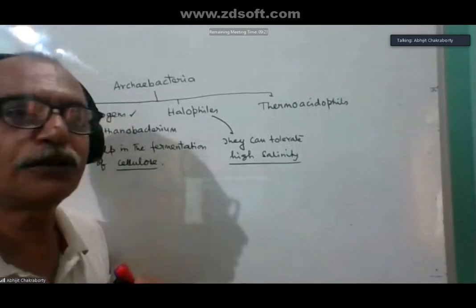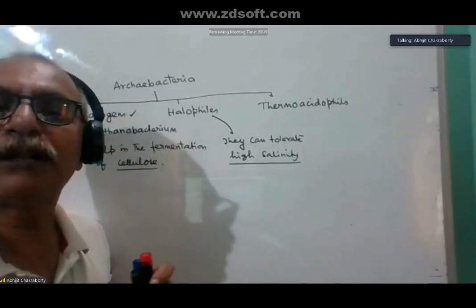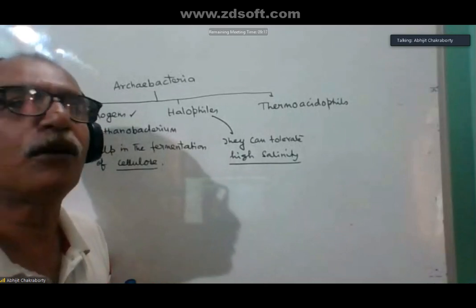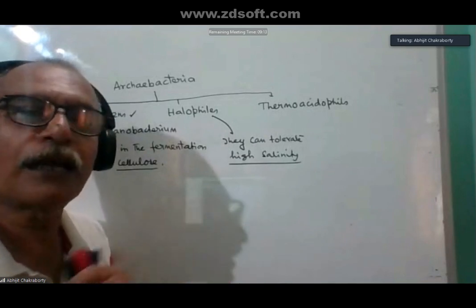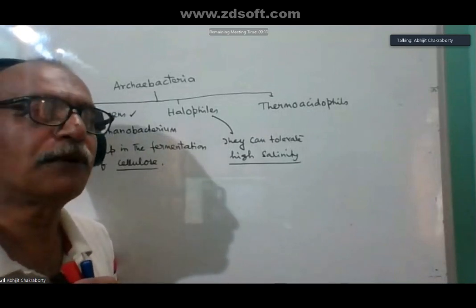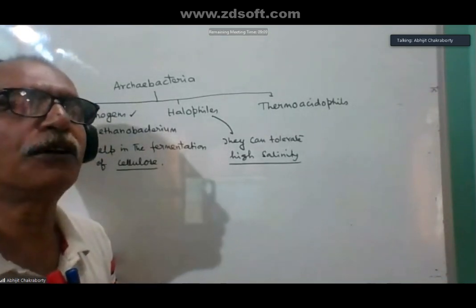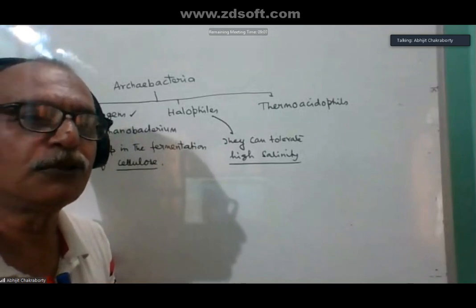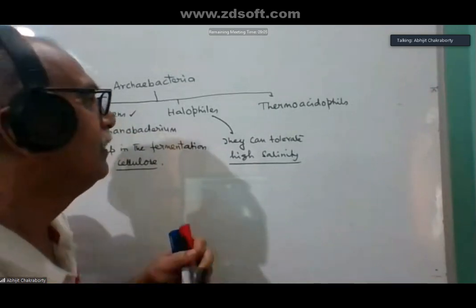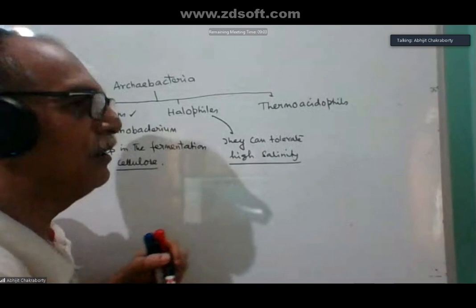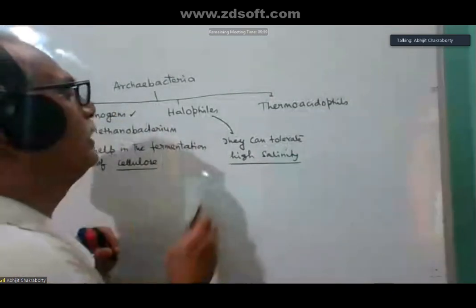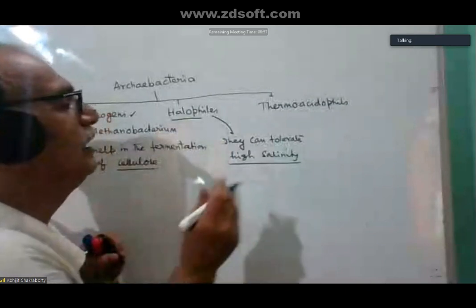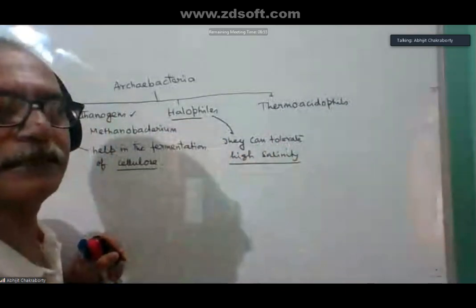This is because whenever any microorganism is exposed to a saline environment, water comes out from their body cell, plasmolysis occurs, and eventually the organism will die due to shrinkage. That's why sometimes we add salt. But halophils can tolerate high salinity.